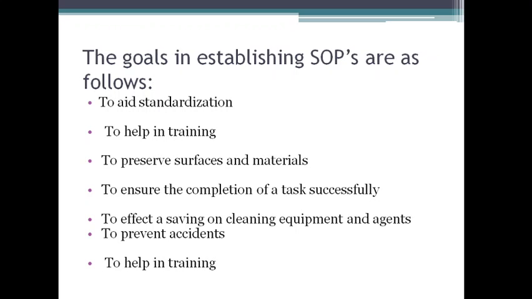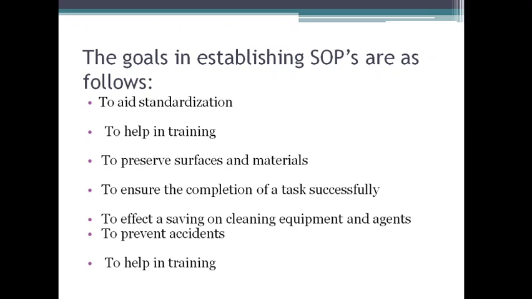What is the aim of establishing SOPs? It gives standardization. It gives a standard that this is the standard to make a particular room or to make a particular bed, and this is the standard you have to follow. It also helps in training, because in training you have to know new things.